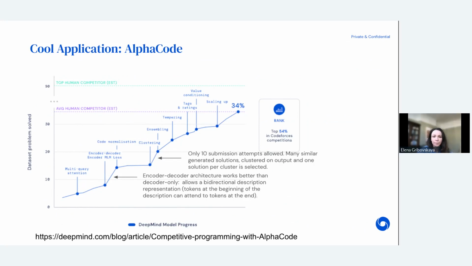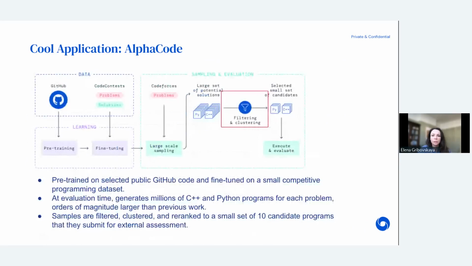Another improvement is this clustering. As I said on the previous slide, filtering and clustering essentially allows us to go from 1 million candidate answers to the 10 best candidates that we then can submit for scoring.